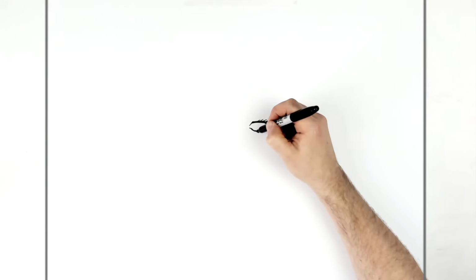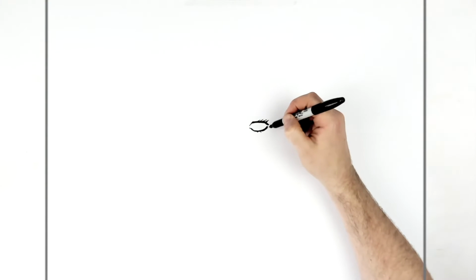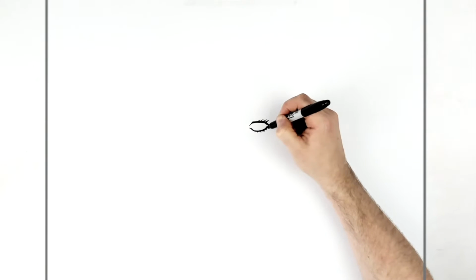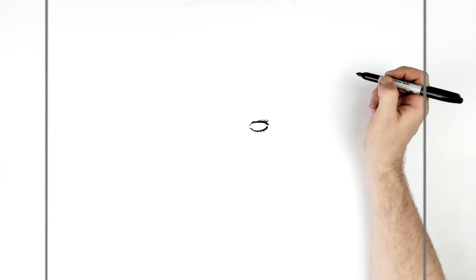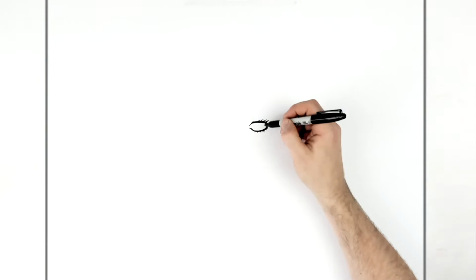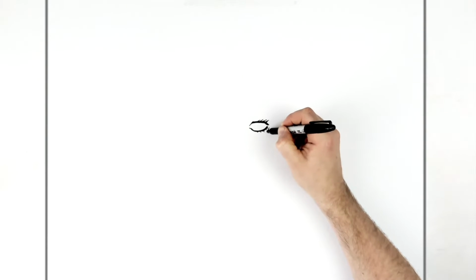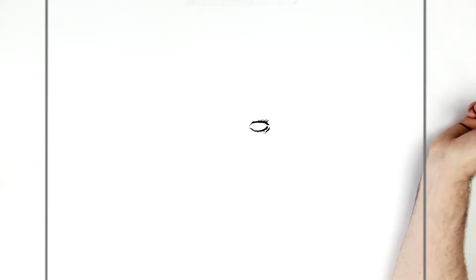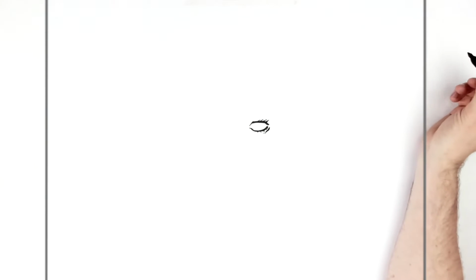And sometimes we've got some eyelashes down here as well. And then some lines just underneath the eye, kind of some hatching. JoJo characters tend to have these extra lines on them.